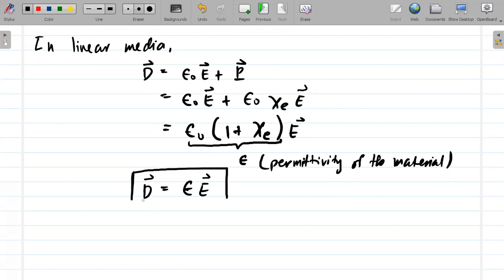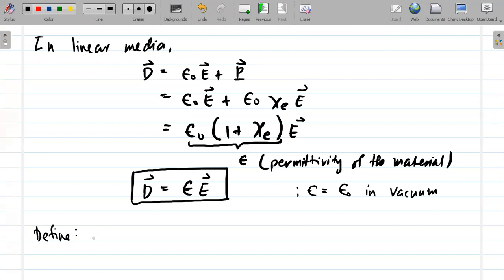Now class, di ba medyo mas simple yung ganitong form? This means that in vacuum, D is equal to epsilon naught E. Or in some linear media, D equals epsilon E, where epsilon is the permittivity of the material. So take note that epsilon equals epsilon naught in vacuum. Now class, let's define, puro definition tayo.